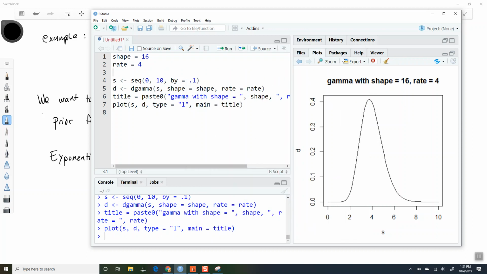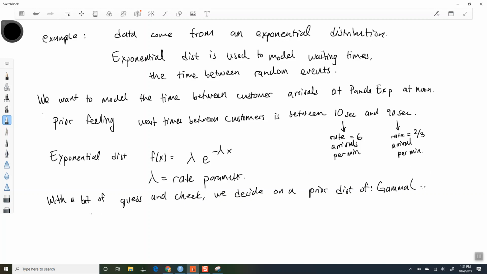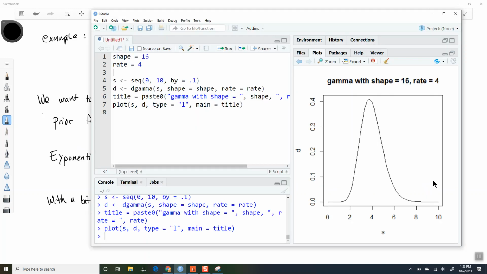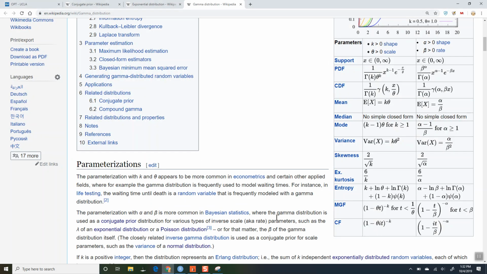Okay, so I'm going to copy that. With a bit of guess and check, we decide on a prior distribution of gamma with A equals 16 and B equals 4. How is it parameterized here?